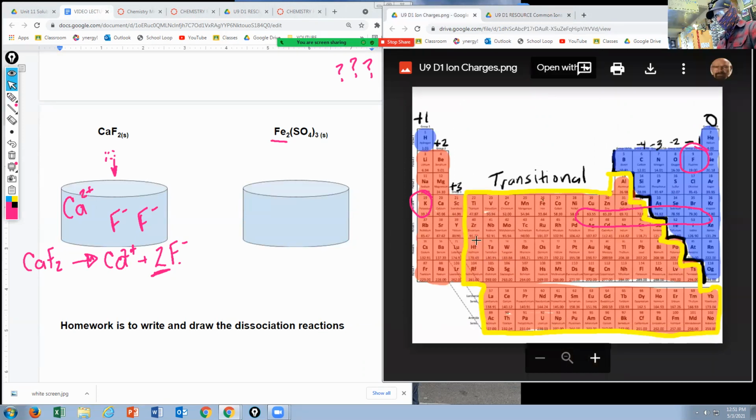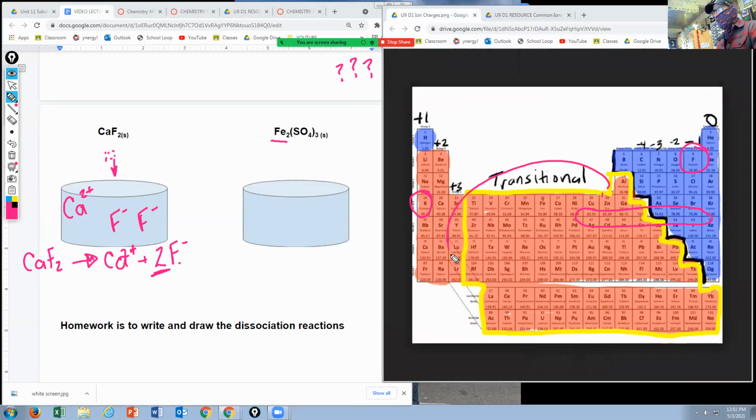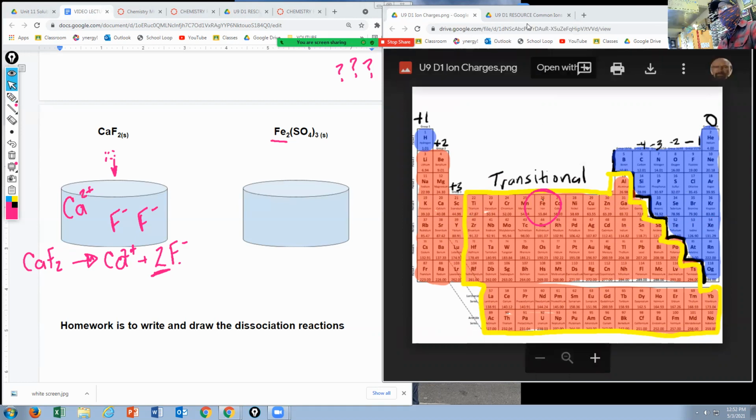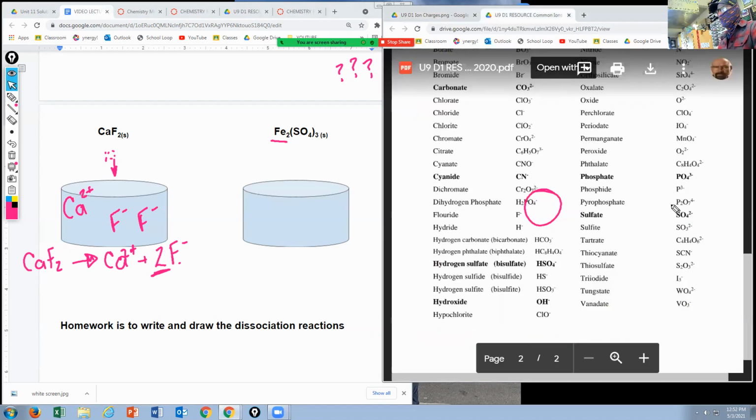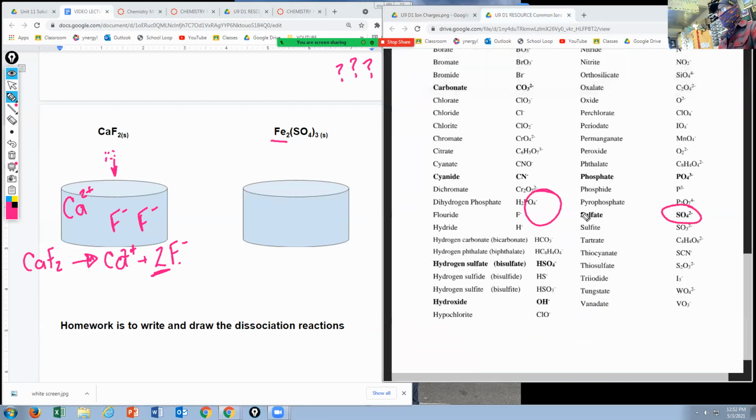We don't know the charge on the iron because remember, these are transitionals. That means we don't know what the charge is on them. We have to figure them out. Well, we know that the charge on sulfate is a 2 minus charge, and we have 3 of them, right?